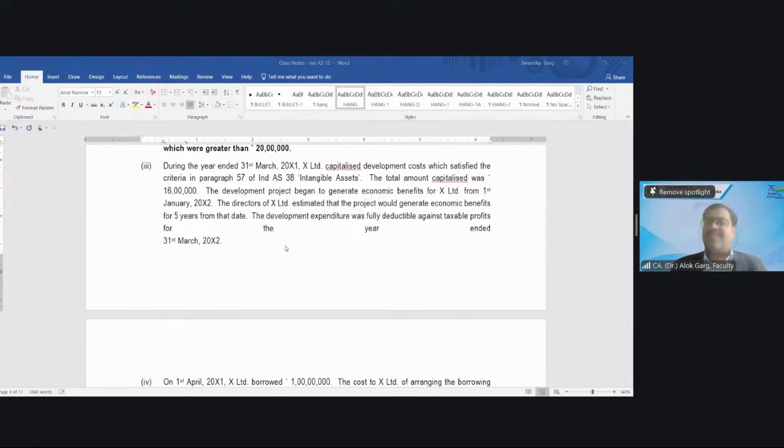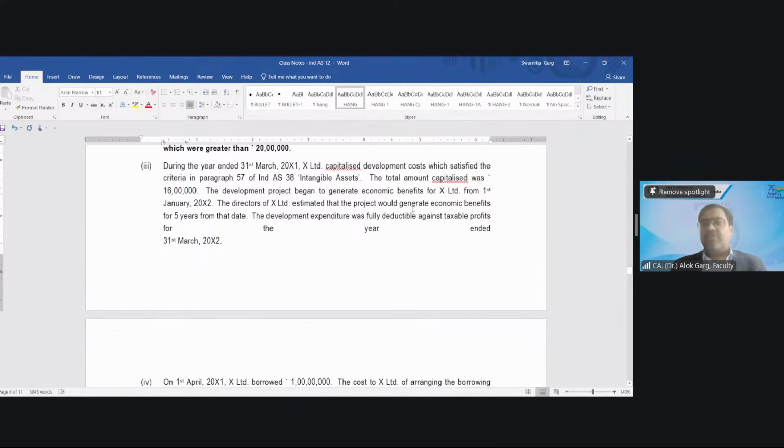After providing for depreciation. So, Lavanya, this asset was capitalized during the year to 31st March. The asset is giving a future economic benefit starting from 1st January 2002, and the director also said that the life is 5 years from the time it started giving future economic benefit.